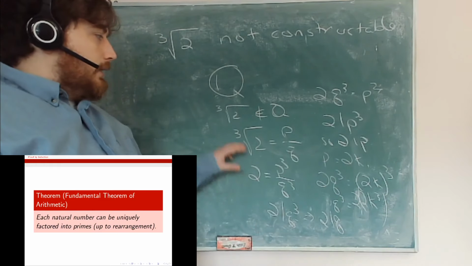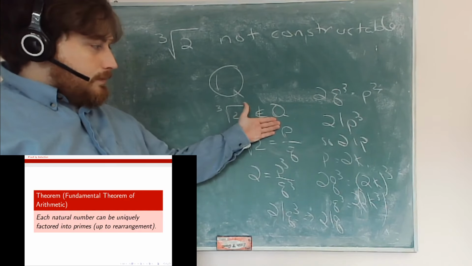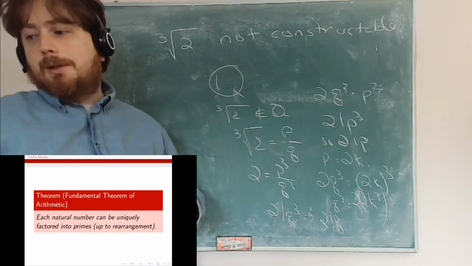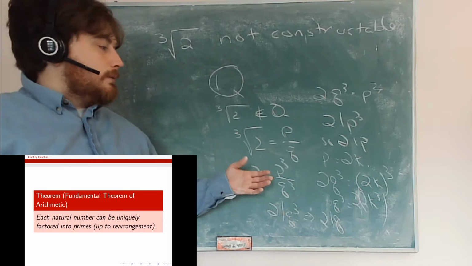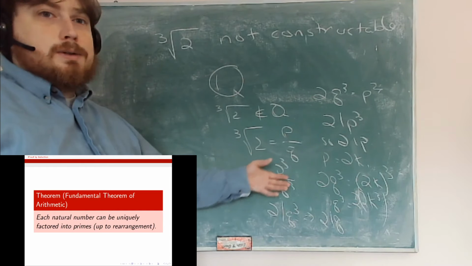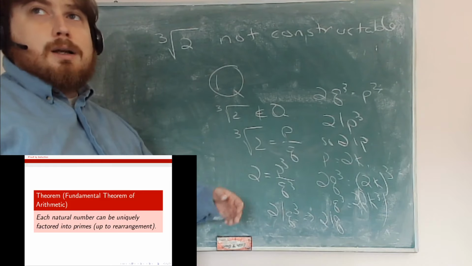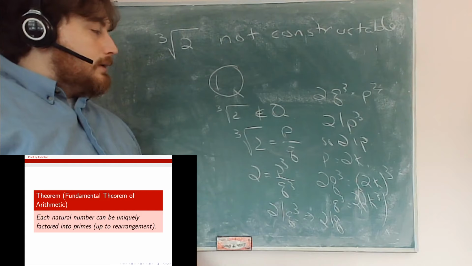And so what I get is that if the cube root of 2 is rational, then both p and q must be even. Now, if you remember back to when we did the square root of 2, we said, well, if both of these are even, we could factor out the 2. And if they're still even, we could factor out the 2. And if we keep factoring out the 2's, eventually one of these has to be odd.